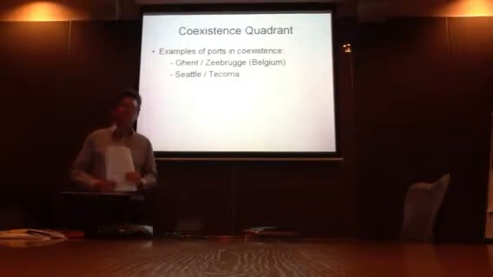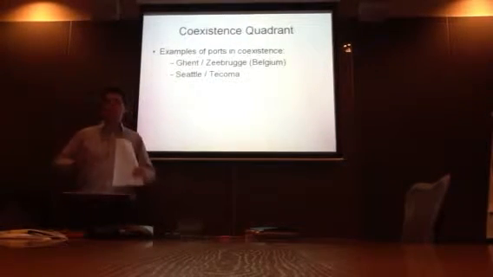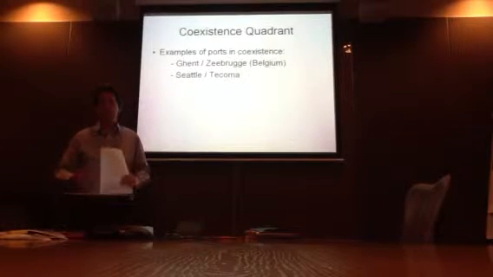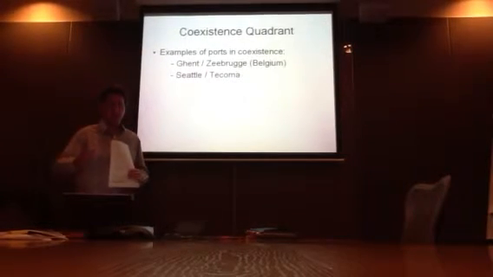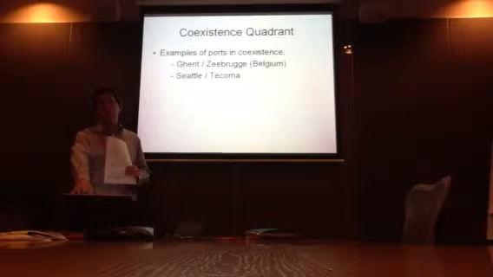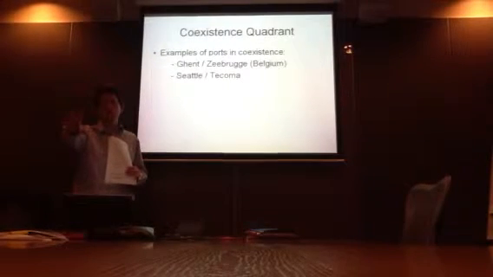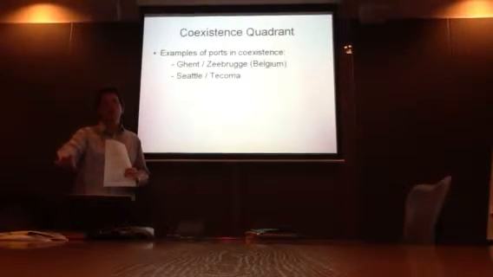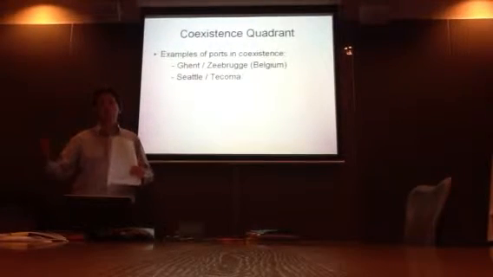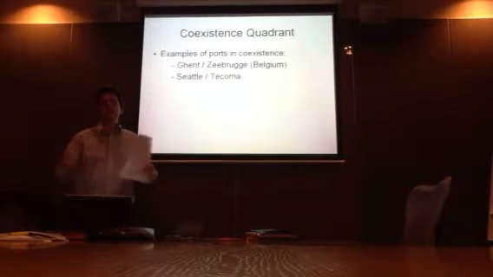The reason being is that it's seen if you don't cooperate in the competitive environment, you may be left behind. And so a lot of academics think that ports operating in the coexistence quadrant and to some extent the competition quadrant have to be careful, and eventually they'll be forced to cooperate as the competitive tensions seep in.